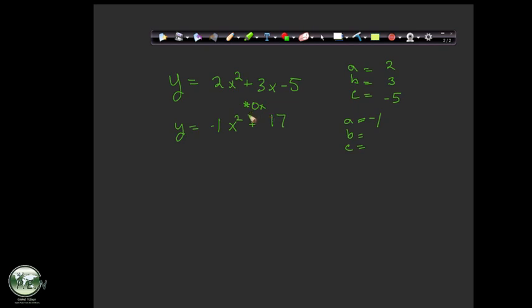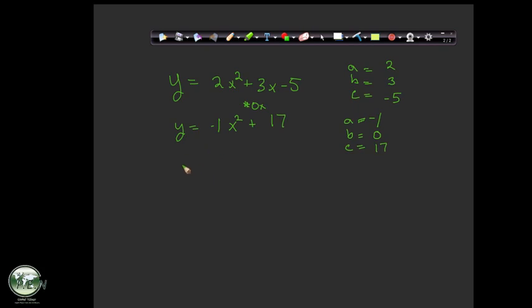When you don't see an x, that means that b is 0. And you're going to see when we get to Atom Quad, we have to put these in. The mistake I'll see students make, they'll put the -1 in for A, but they'll put the 17 in for B because it's the second number. But that's not right. B is 0, and then the 17 is the C. Okay? Good.